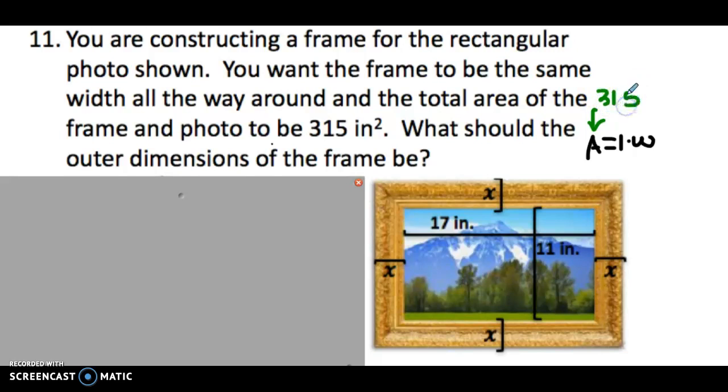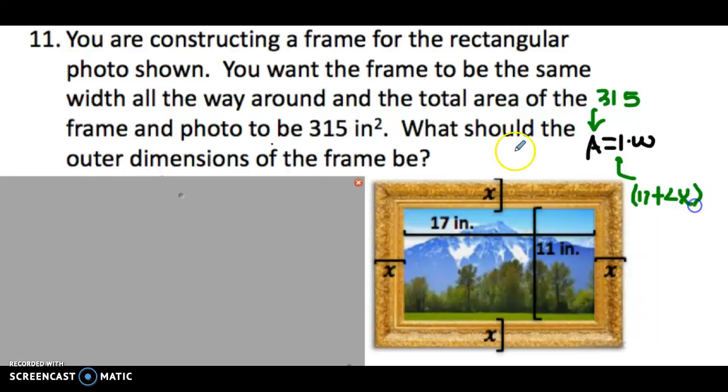What is the length of my frame? Okay, well we know the picture is 17 inches long, so we know the length is at least 17, right? But you have to add on the measure of the frame on each side. And so since the frame here is x and this is x, we really have x plus 17 plus x, which is 17 plus 2x, right?